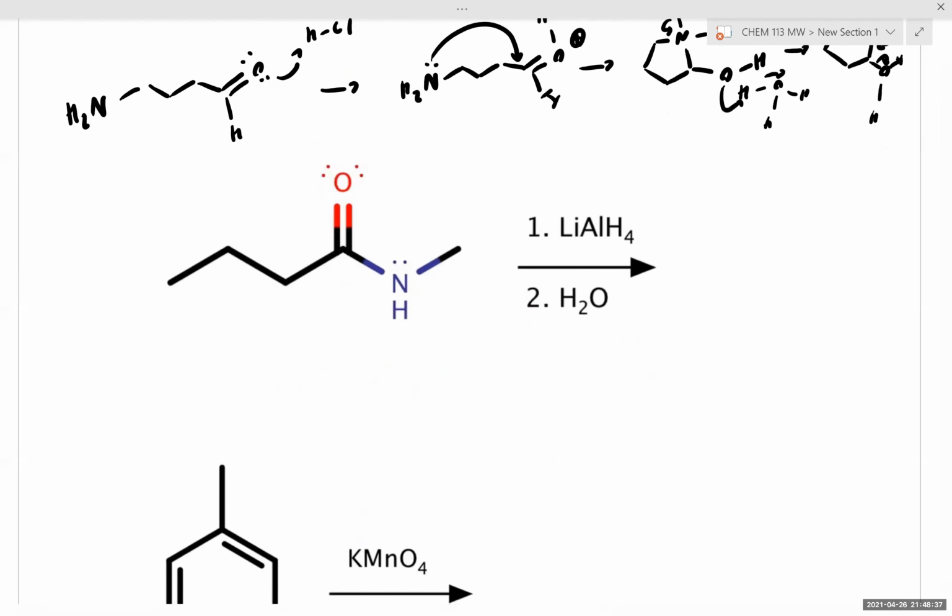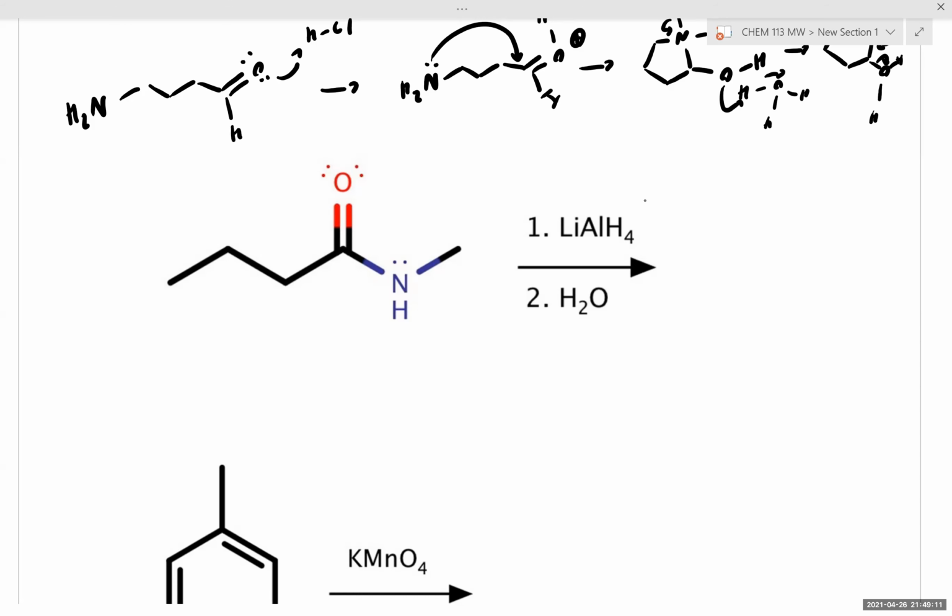Okay, let's look at this next case. If we take an amide and we reduce it with lithium aluminum hydride, what product do we get? When we reduce amides down, similar to nitriles, do we get an amine or an alcohol?